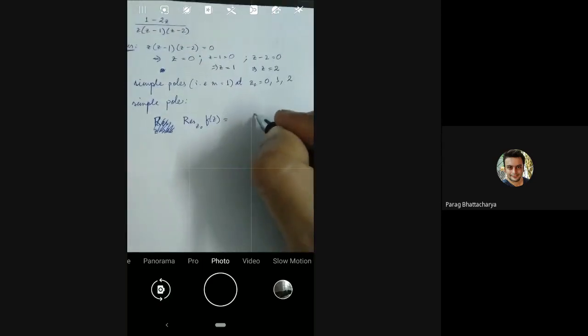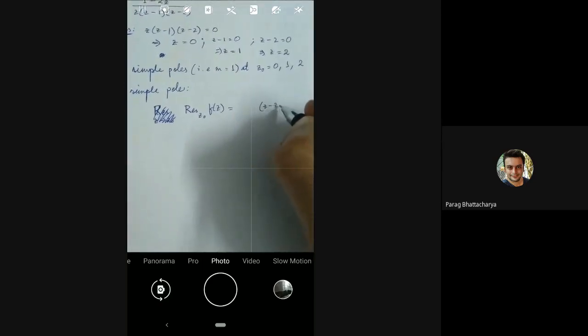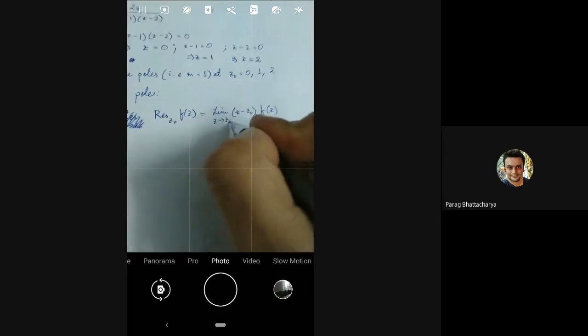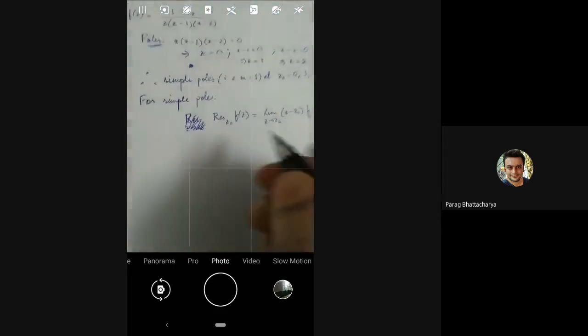The formula is you multiply the function with z minus z naught, and then take the limit as z tends to z naught. This is the same formula that we'll be using in this case.